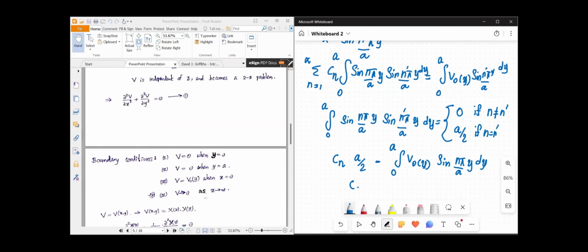Then Cn is equal to 2 over a times the integral from 0 to a of V naught of y sine nπ/a y dy. This is the value for Cn. Cn is the only remaining unknown constant in our potential.